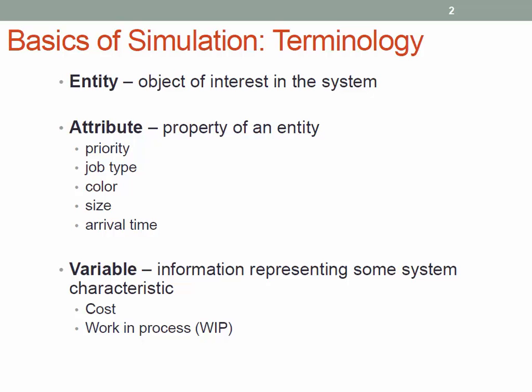In the assign block, you will have the option to assign either an attribute or a variable. You need to make sure that you're using the right one, because if not, the model itself will be wrong. The attribute is something that is not going to change. It's a property of the entity. And a variable is information representing some characteristic of the system, which will change according to the processes that are involved in the system.